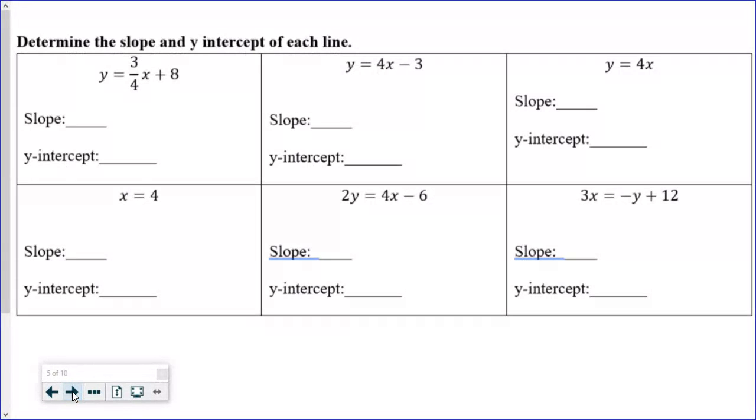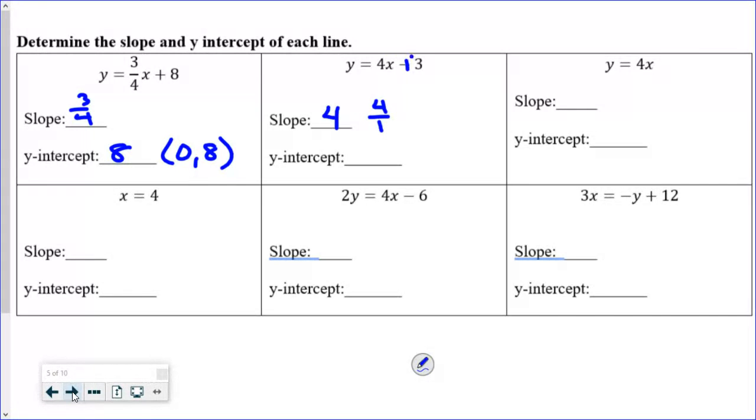Okay, quickly, these aren't too bad. If it's in slope-intercept form, what is the slope? Well, look at the equation. It's 3/4. What is the y-intercept? It's 8, but that really means the ordered pair 0, 8. For the next one, the slope is 4. We could also say 4 over 1.